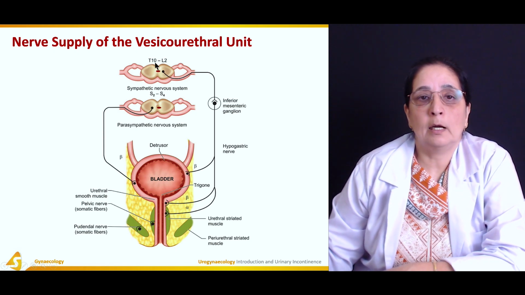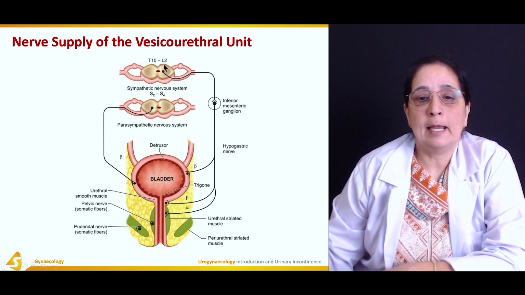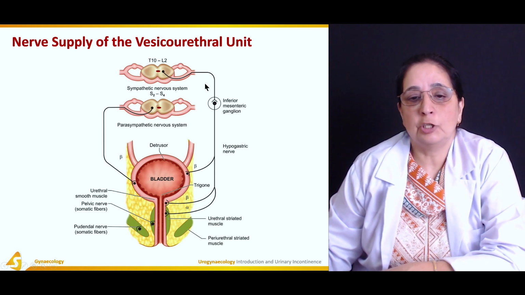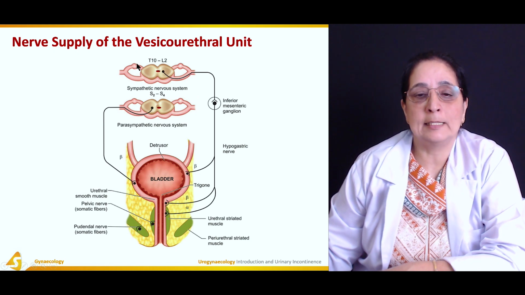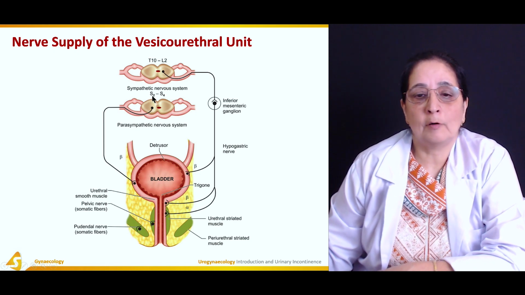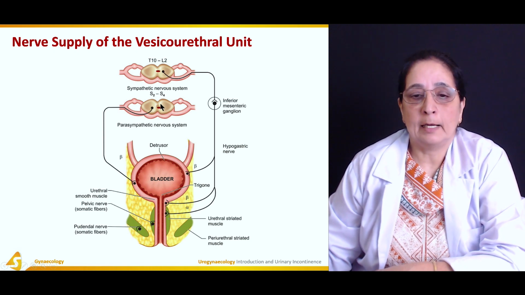Mainly they are controlled by T10 to L2 of the spinal cord. These sensations are carried to the spinal cord at level T10 to L2, and then also at sacral S2 to S4.